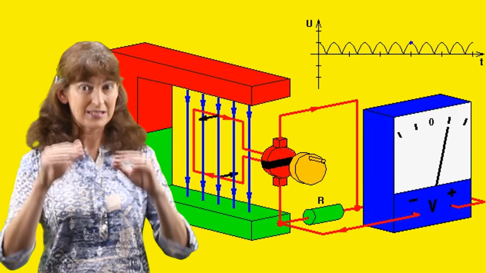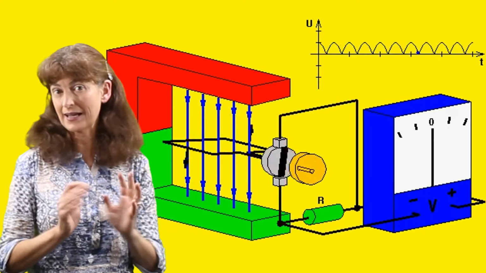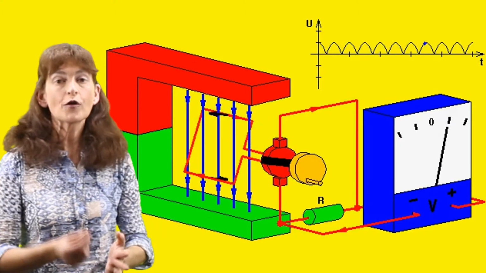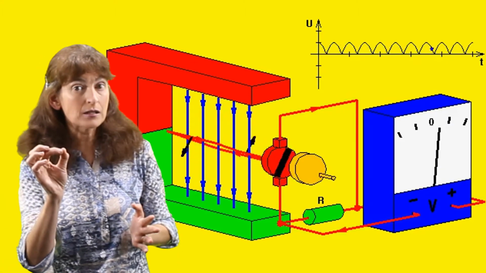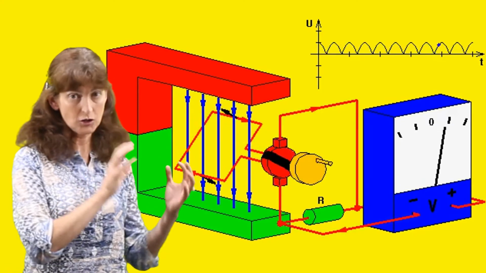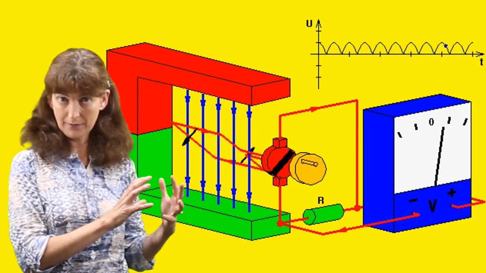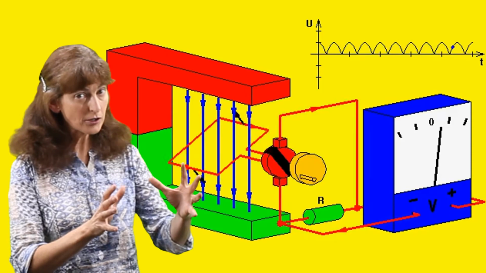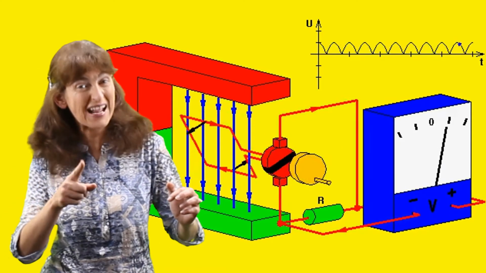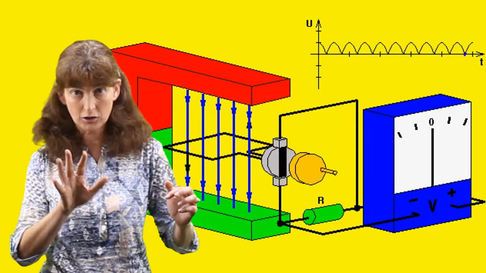But now, the split ring cannot protect the external circuit from the changes in strength of the current induced in the armature. It does protect the external circuit from the changes in direction, but not in strength.